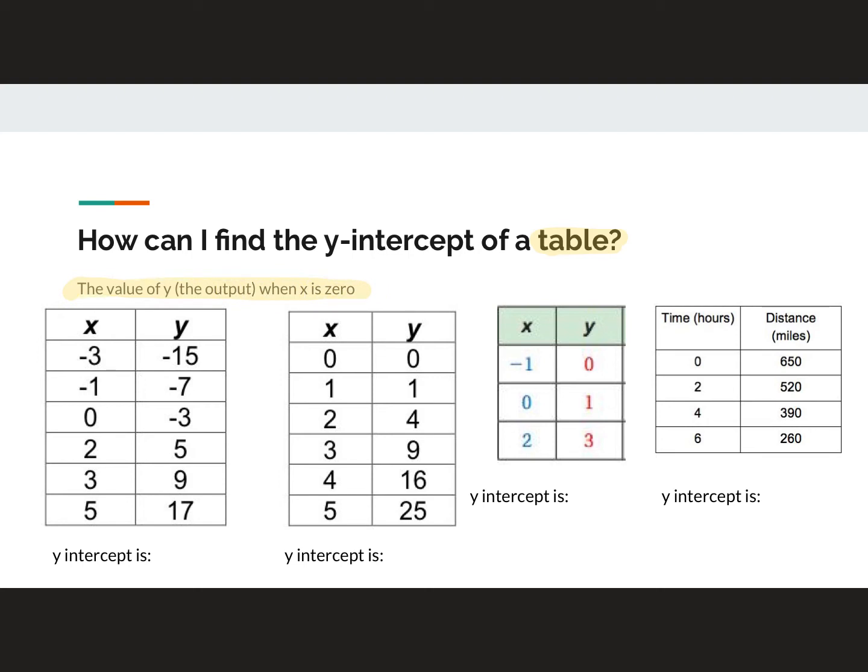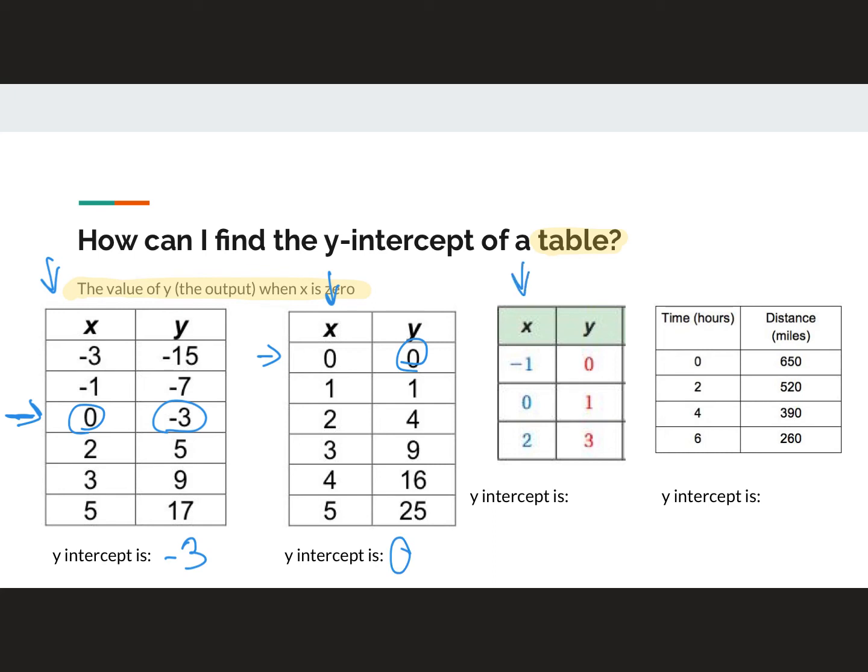So I'm going to start by looking at my x column and finding 0. Do we see where 0 is here? When x is 0, y is negative 3. So the y-intercept of this one is negative 3. Same thing, when x is 0, y is 0. That's our y-intercept.